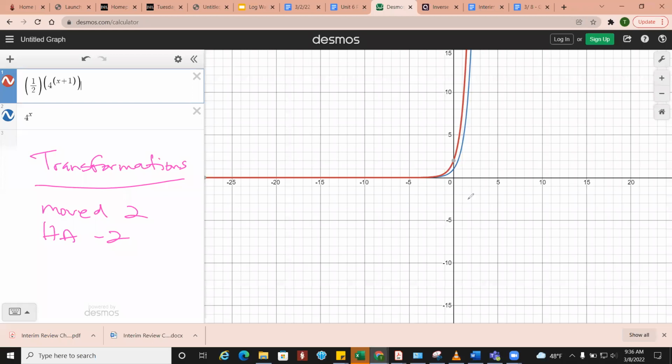From blue to red, where did it move? To the left, how many? 1. Okay, left 1. And we can see that from our equation up here. So let's say that we take that part off.